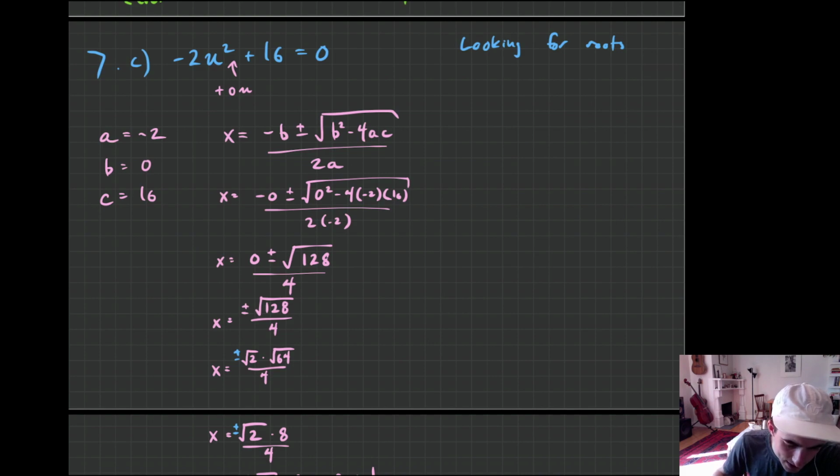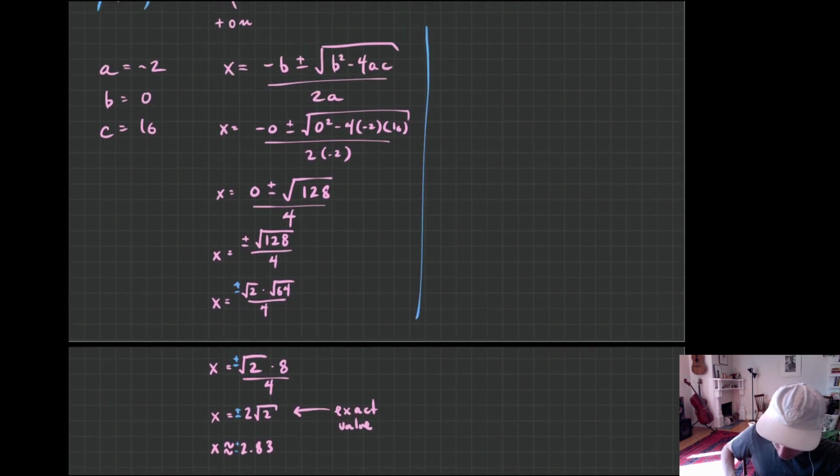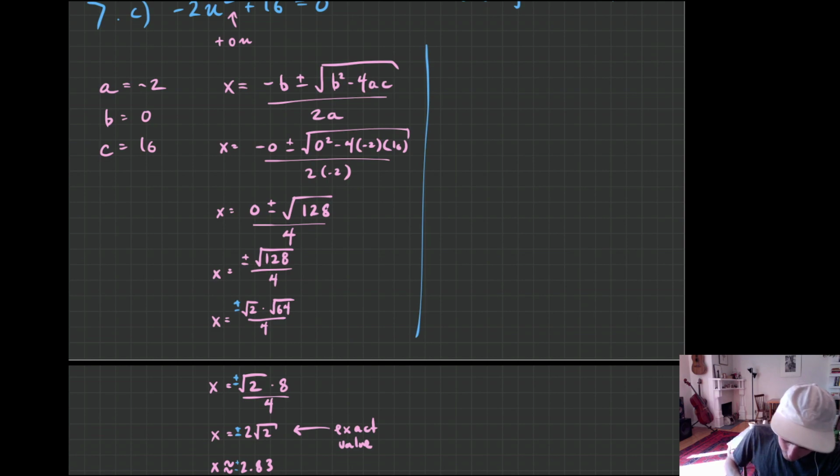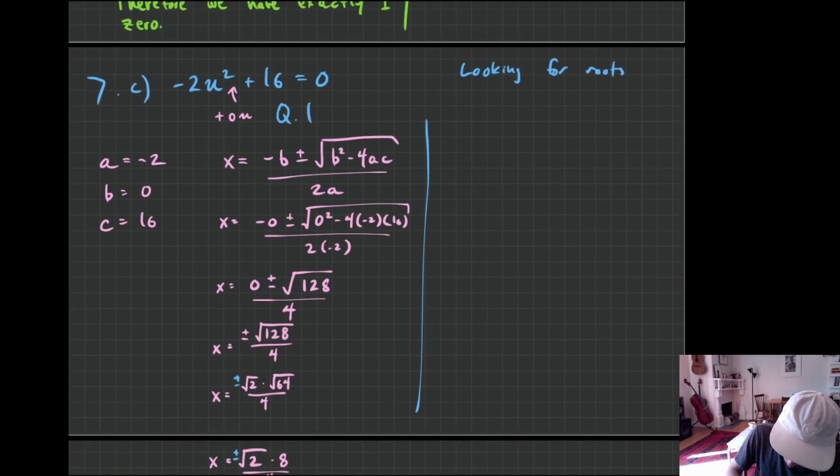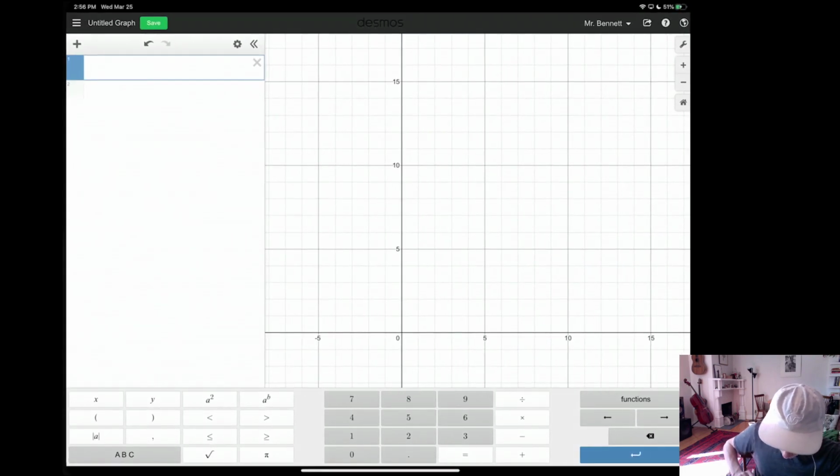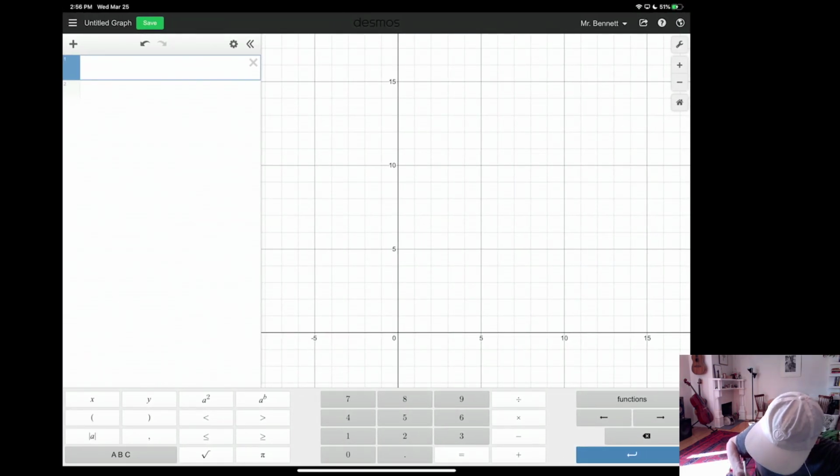Oh, and that's perfect because it asks us to solve using an appropriate method and justify your choice of the method. So I'm going to do it in two ways, and then you can choose which method you think is easier. So this would be the quadratic formula. Let's just take a look at what this function looks like.